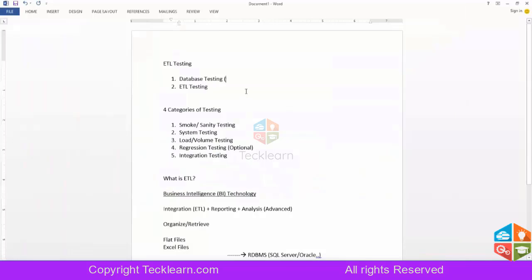For carrying out ETL testing at two levels, we have to have database testing done first before we come to ETL testing. For database testing, what do we need? We need SQL knowledge and database concepts.